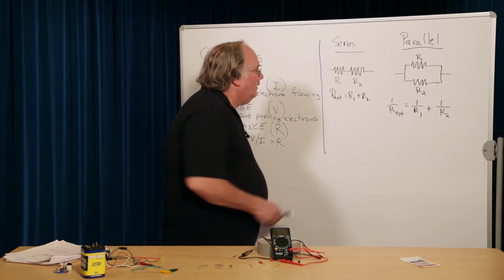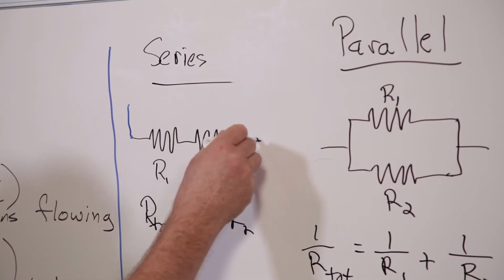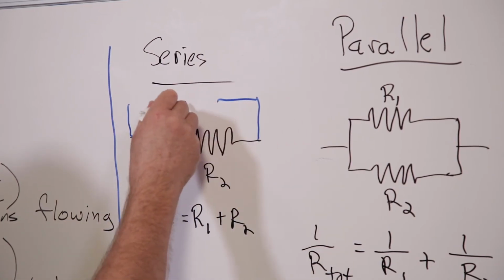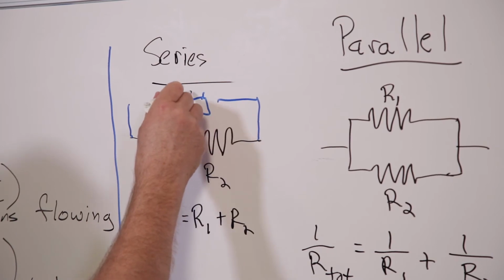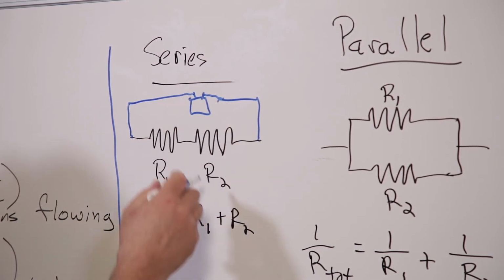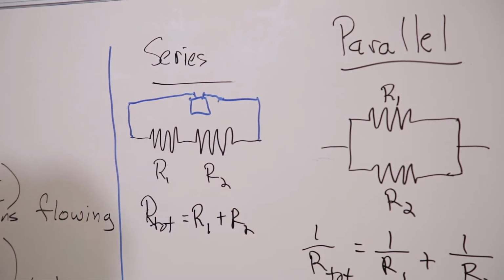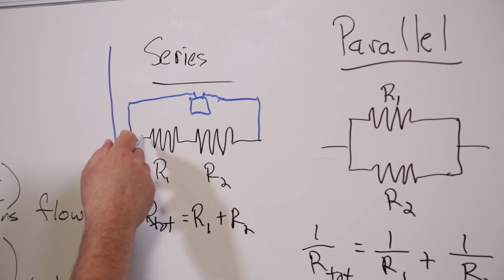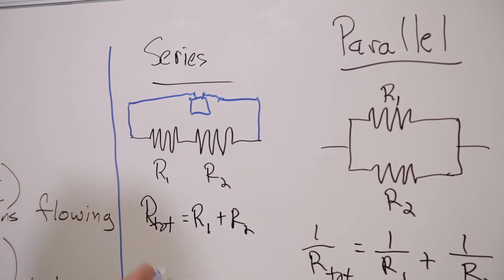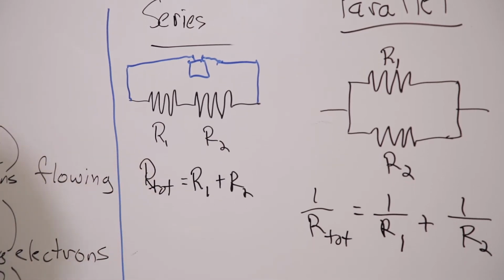So if you made a circuit that went from here to here, and you have a battery in between, the current flowing through the whole thing would be just the same as if you had one resistor here with a resistance equal to R1 plus R2.